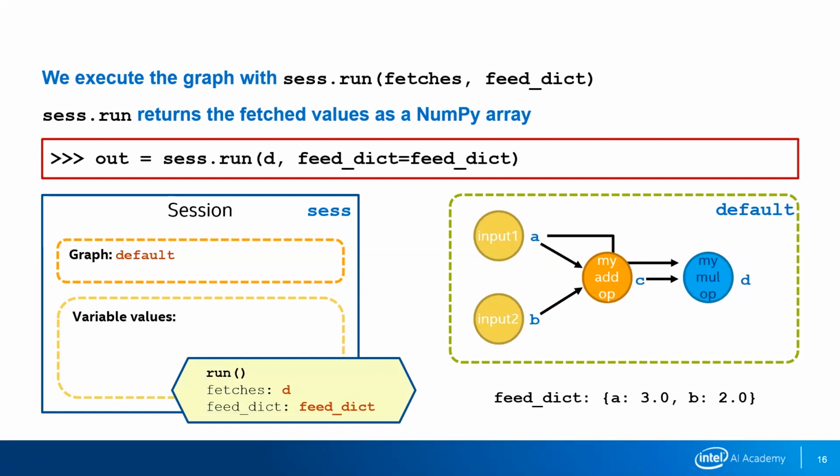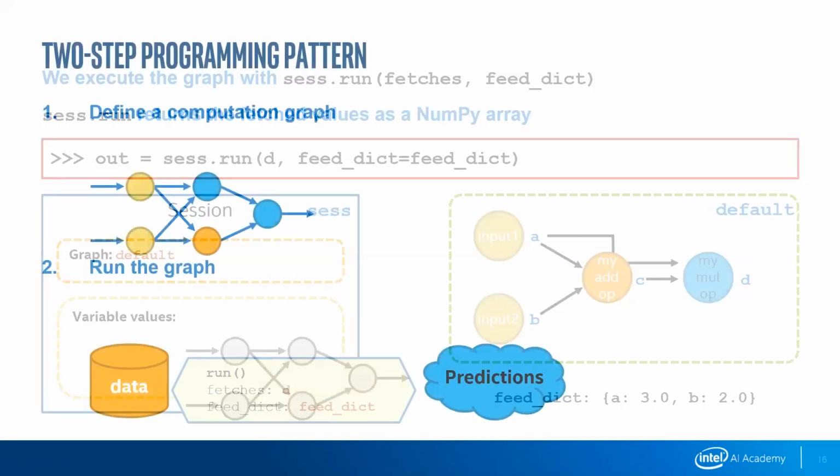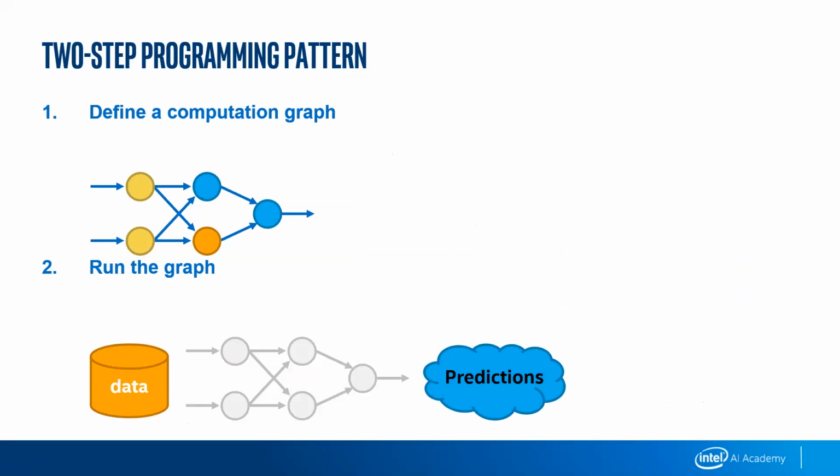To obtain the value of d, I need to get the value of c, which essentially depends on a and b, right? So it executes this entire graph, and in the end gives you the output variable, which is the value of d.